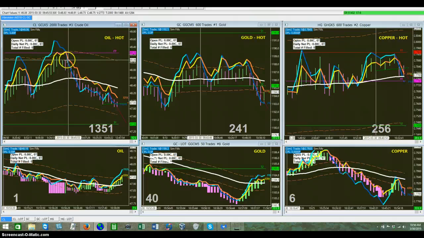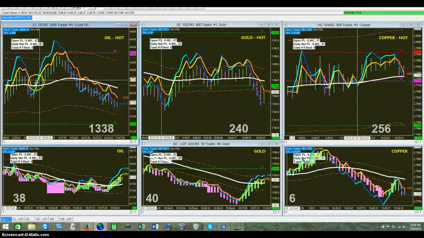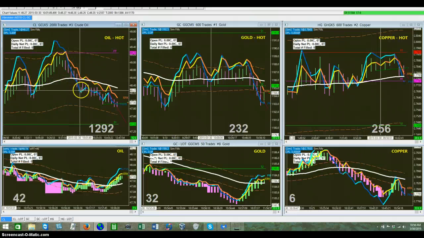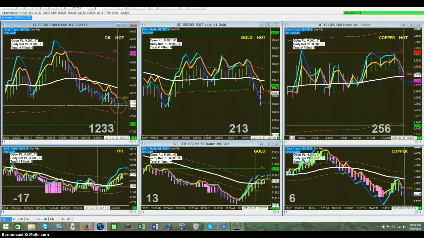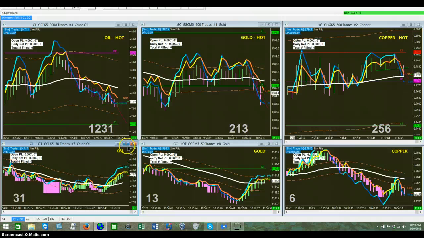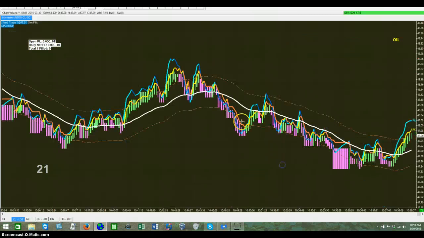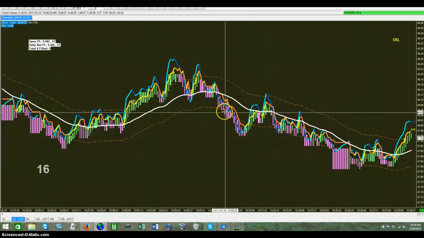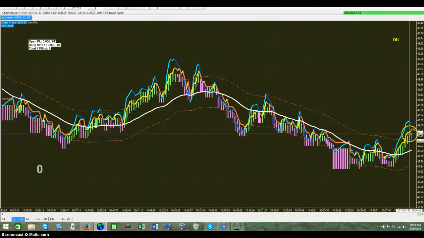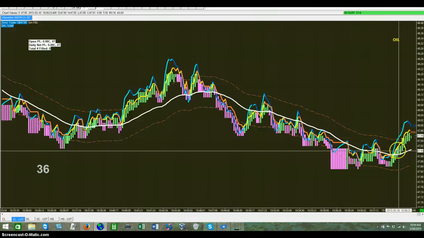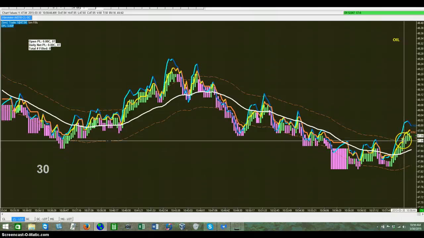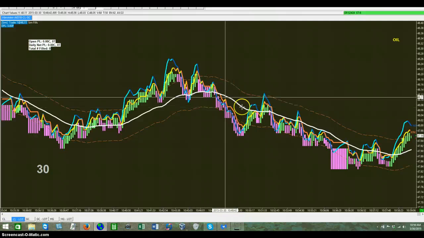So 1, 2, 3 opportunities this morning, and we would still be in this down. What keeps us in it is the lot chart. As long as we don't break out above the upper danger zone, as we're seeing here, we would still be in it.